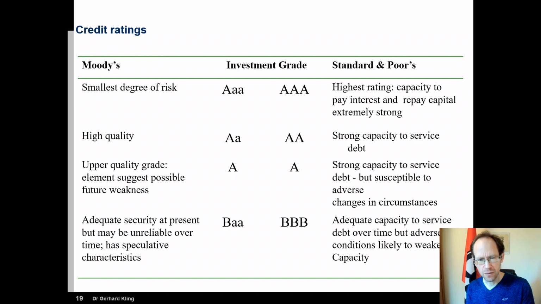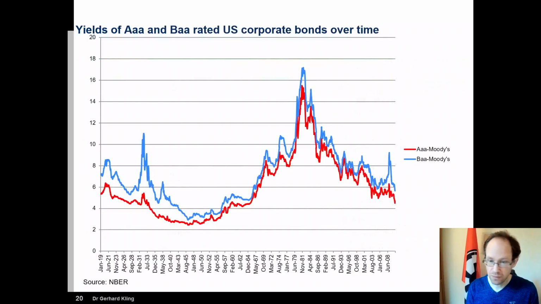Now, for the vast majority of corporate bonds, this is available, in particular for larger entities. You will find it more difficult if you go into emerging markets and if you look at smaller issues. Then sometimes you might not have any bond rating. Now, there's a lot to say about bond ratings.